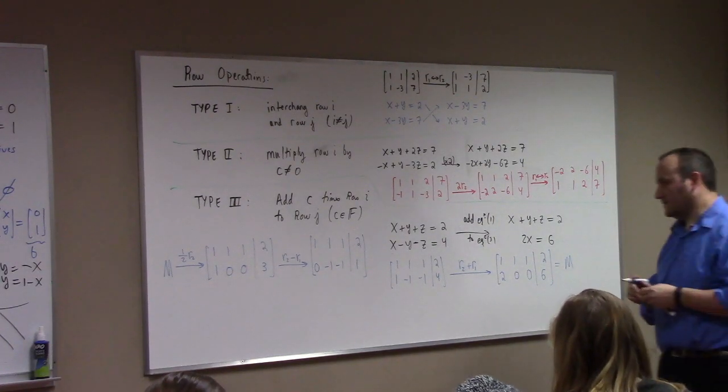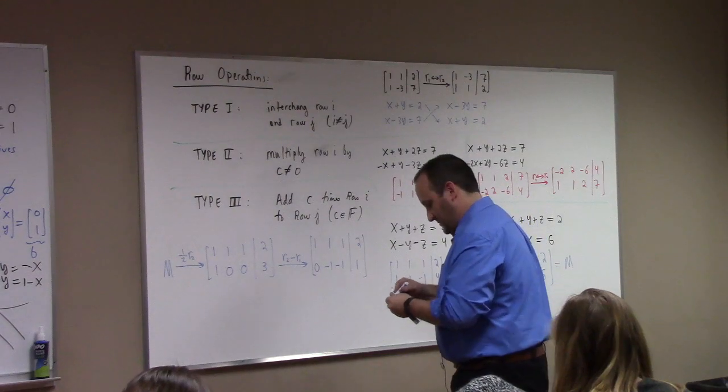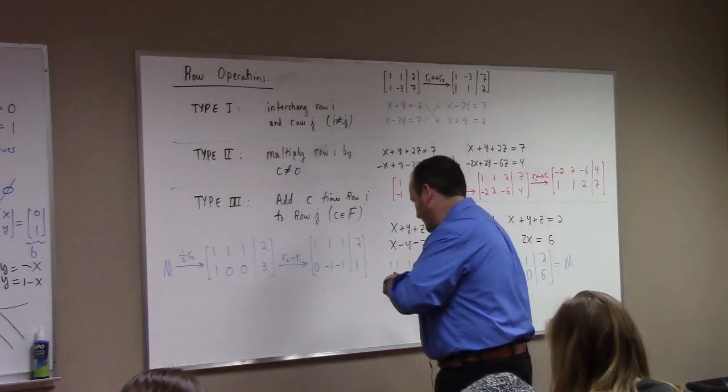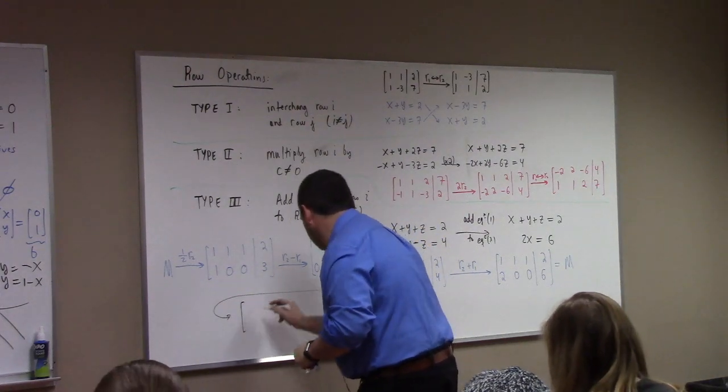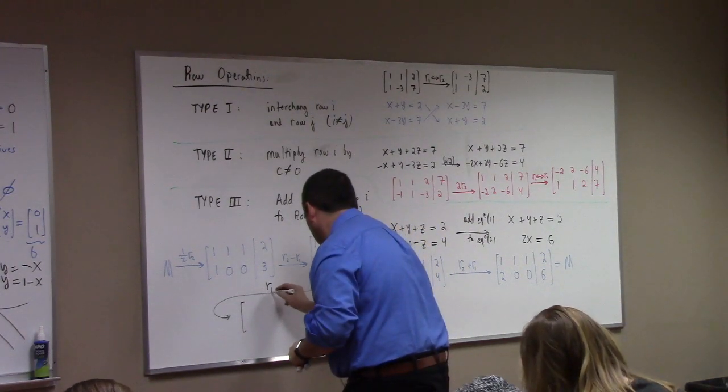And then, going from there, curses. What if I do row 1 plus row 2?